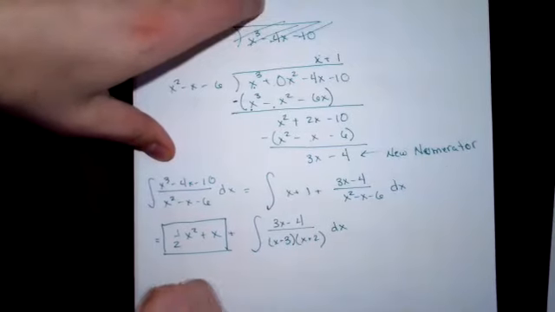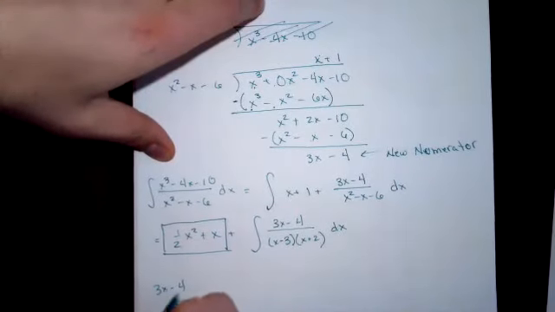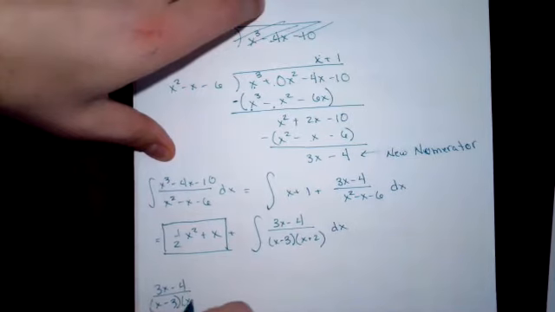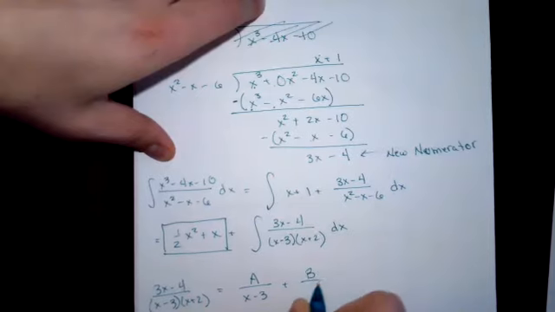And so what are we going to have? We're going to have (3x minus 4) over (x minus 3)(x plus 2) equals A over x minus 3 plus B over x plus 2.